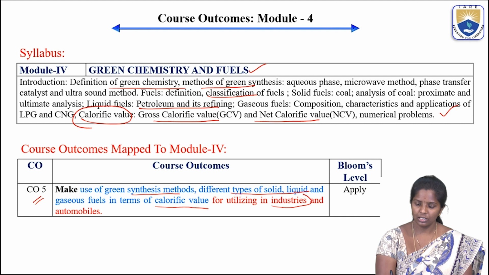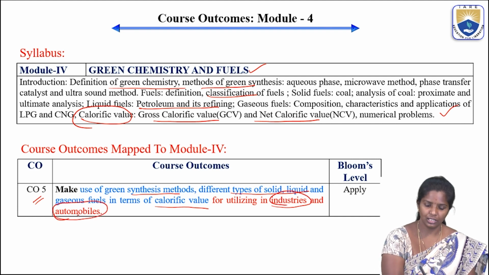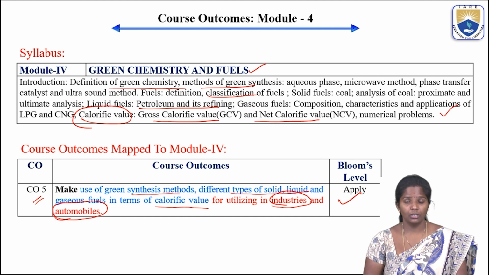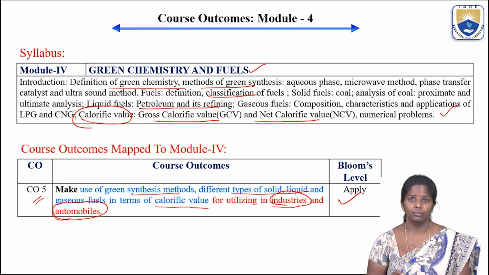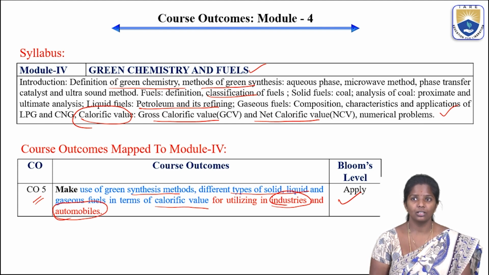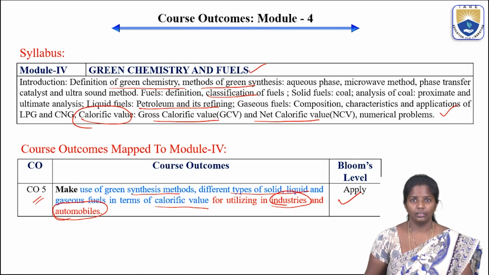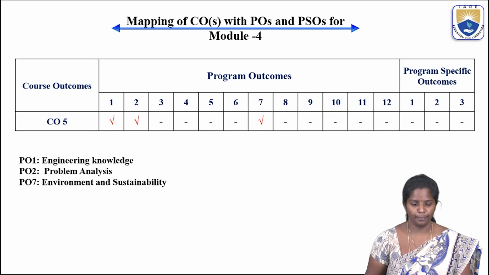It is in the level of apply, because we are applying some mathematical knowledge and engineering knowledge in retrieving information. So this is how the Bloom's level is detected.